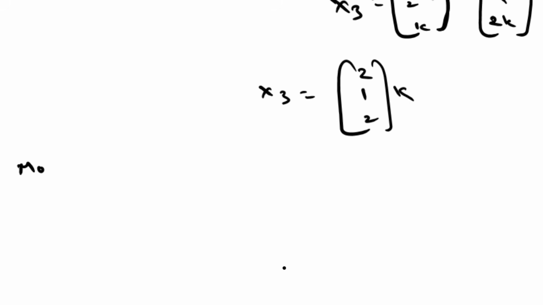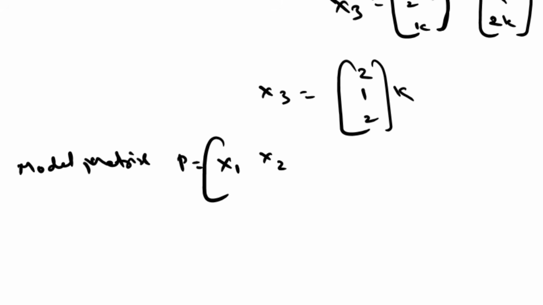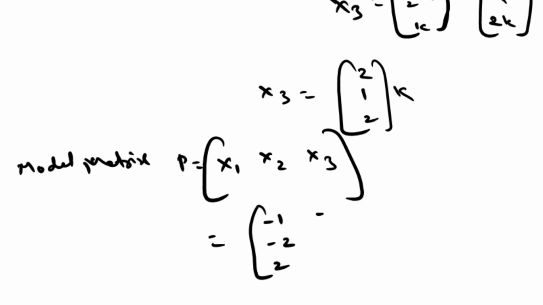Model matrix P = [X1 X2 X3] = -1, -2, 2; -2, 2, 1; 2, 1, 2.